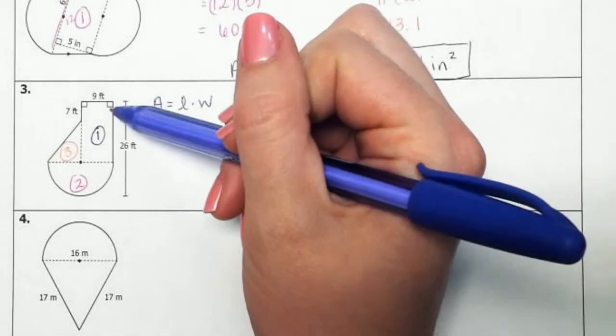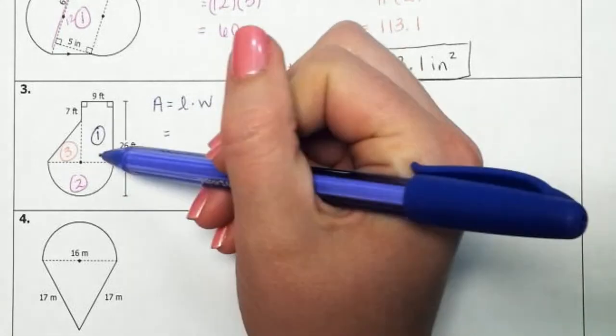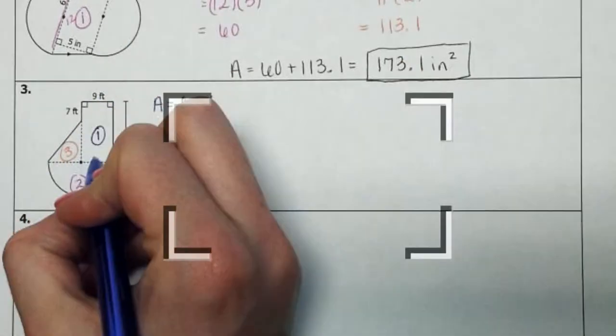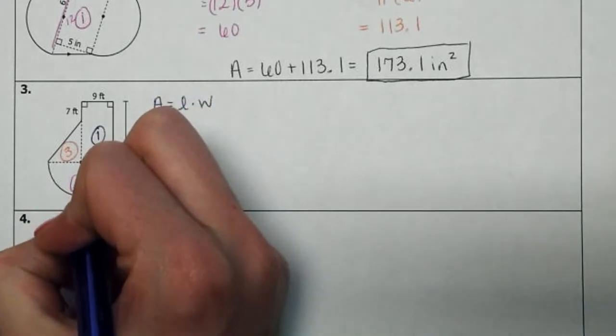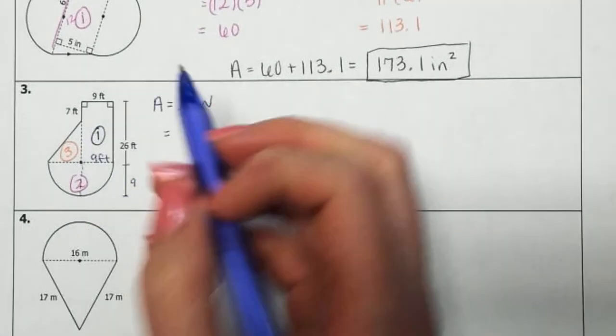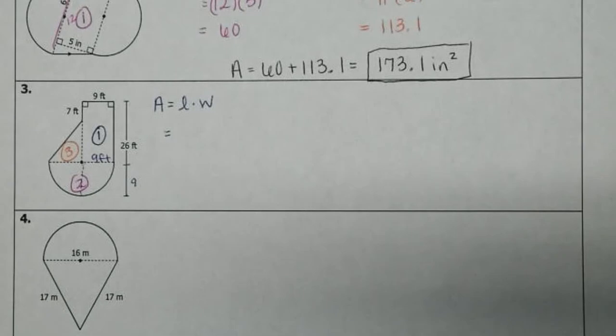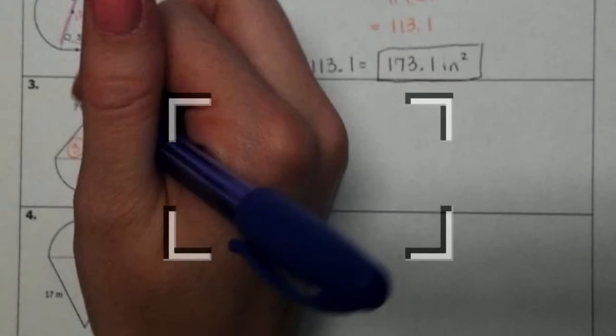What I do know is that this whole piece is 26. I know that this piece is 9, and so is this, which is actually the radius here. So I could take 26 and subtract 9. That would give me my height, or my length, which will be 17. So 17 times my width, which is 9. 17 times 9 is 153.